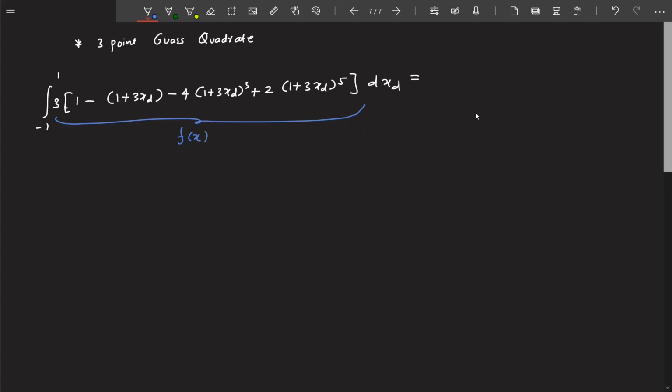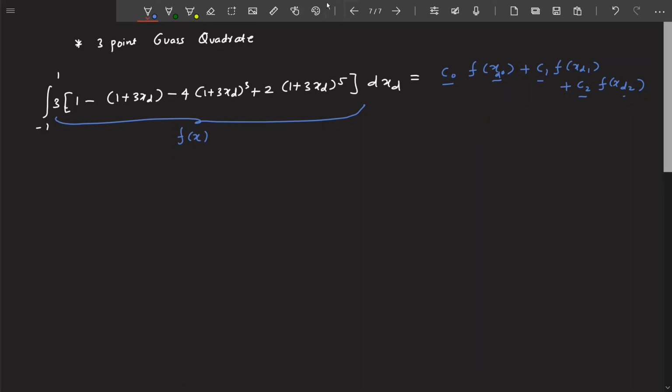Since we are using 3-point Gauss Quadrature, this is going to be c0 f(xd0), c1 f(xd1), c2 f(xd2). Now what should be the values of c0, c1 and c2, and of xd0, xd1 and xd2?